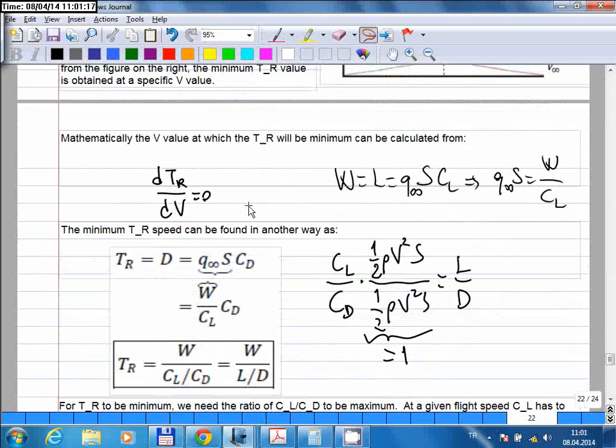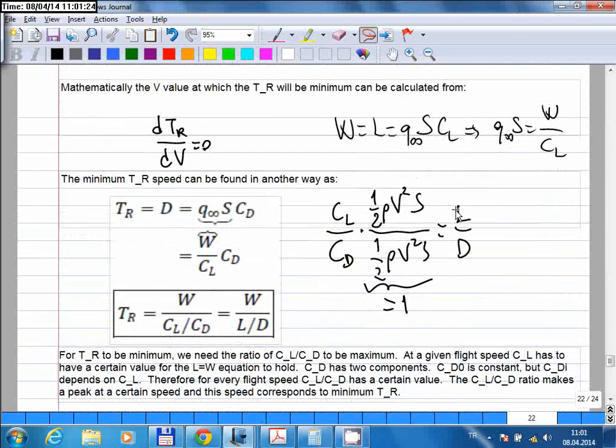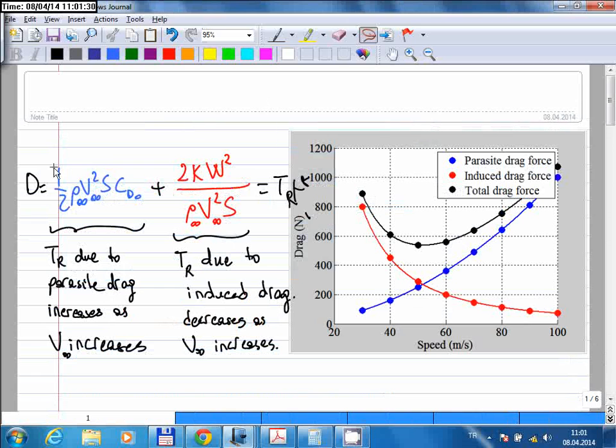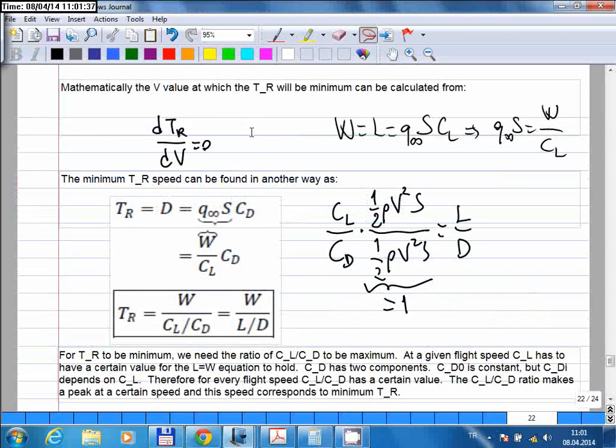So let me come back here again. Well, you can do that. You can take the derivative of this equation with respect to V infinity and find that point, or you can do something simpler. To do this simpler approach, you first write the drag force as this.